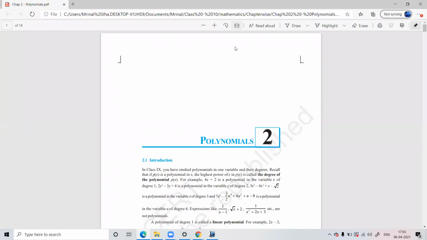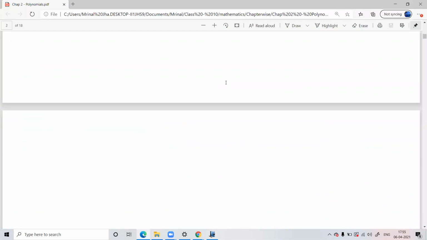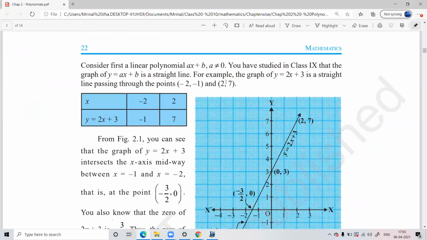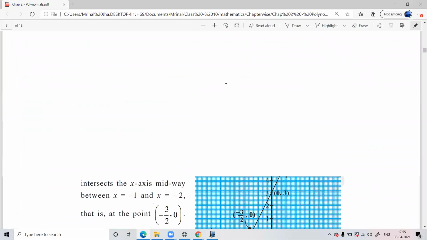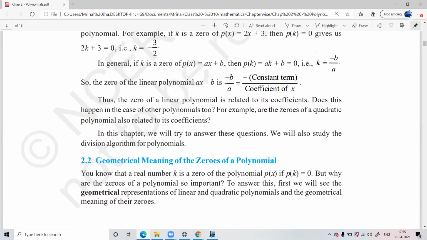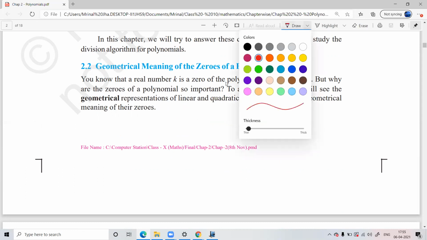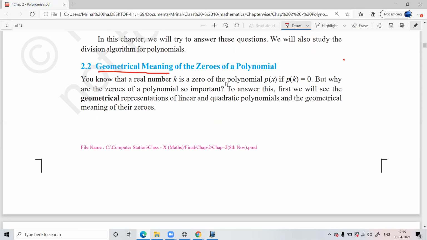Yeah, go ahead, tell me. Yeah, I will send it. Okay, so this is your NCERT book, and after the basics, this is the topic which you will be studying: geometric meaning of zeros of a polynomial.